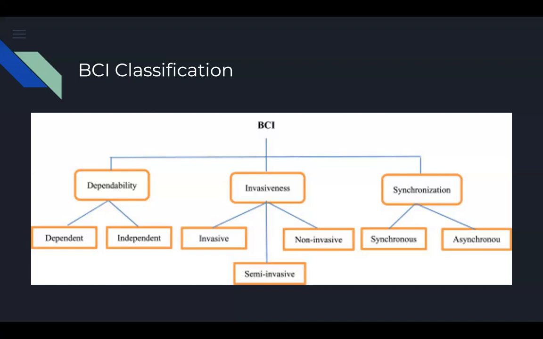Now we are going to move to synchronization BCI, which is divided into two parts: synchronous and asynchronous. Synchronous is when you go to the doctor, and they plug you into a system, and for a certain time period they receive the brain information. This process is called synchronous BCI.